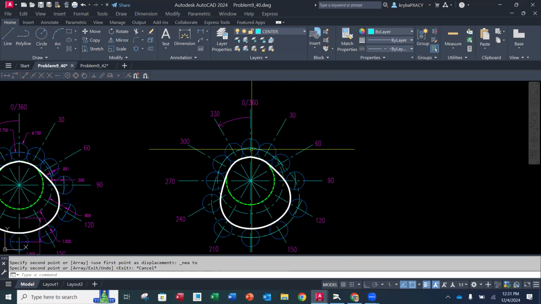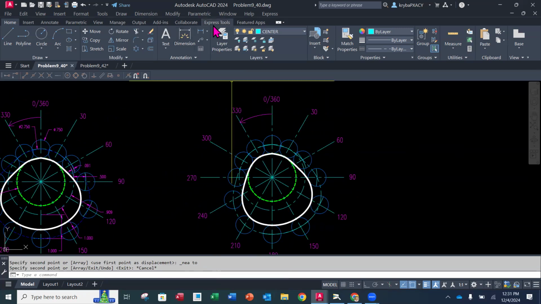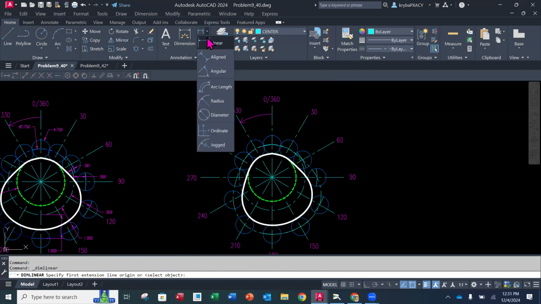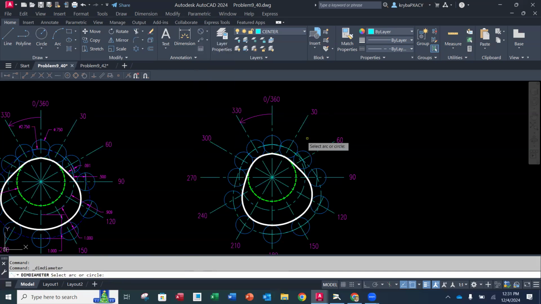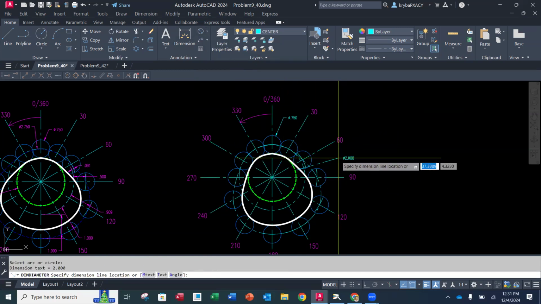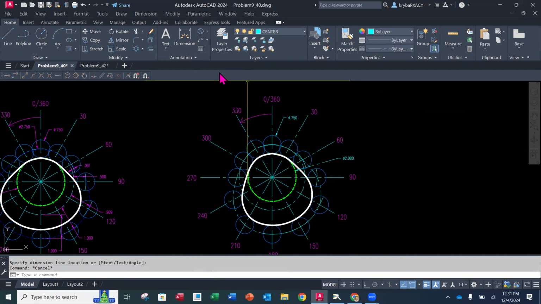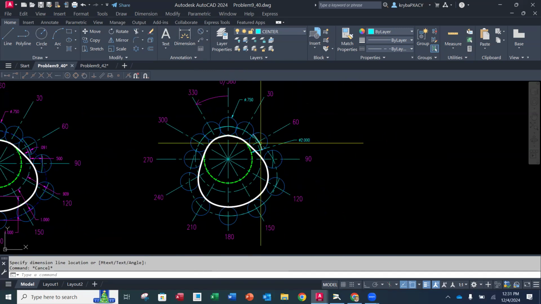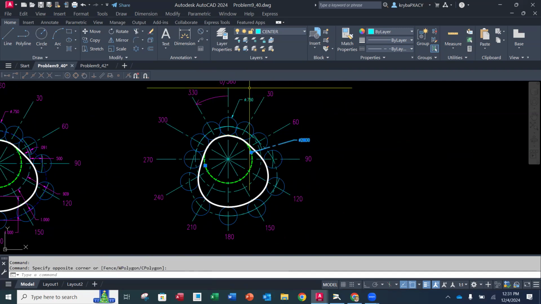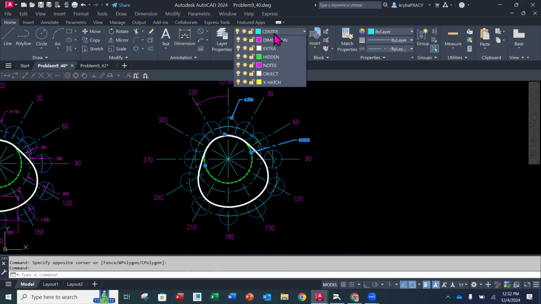And then I also want you to dimension, for instance, at the very minimum, the diameter of the roller, okay? The diameter of the base circle, make sure that that's in there correctly. And I think that's about it. I'm going to change these to go on the correct layer.